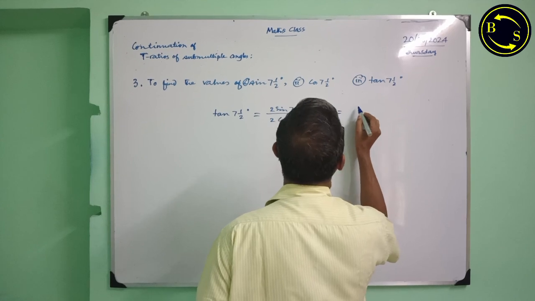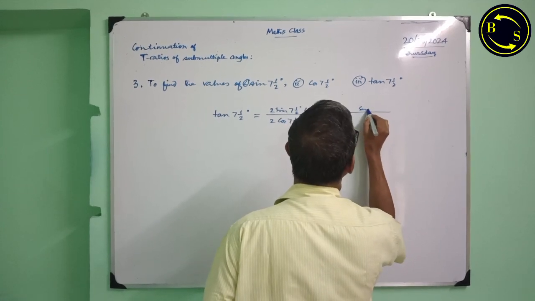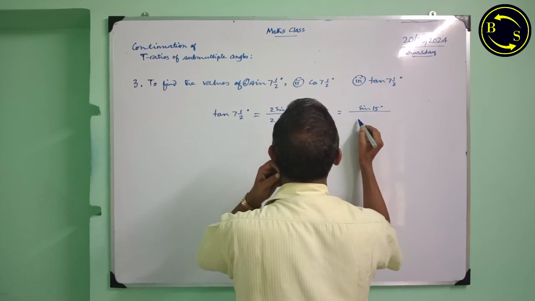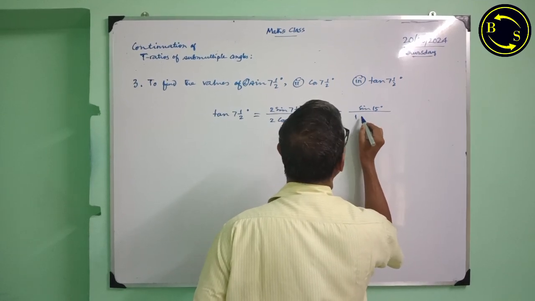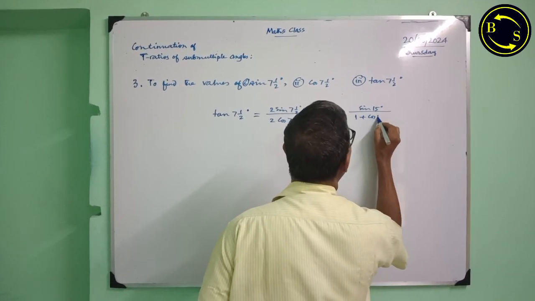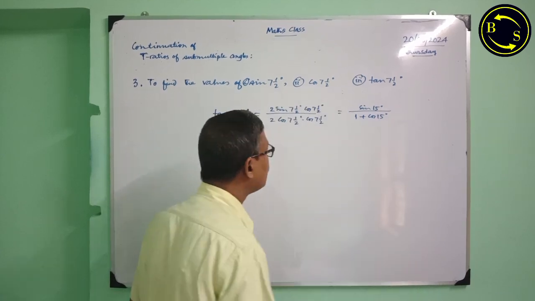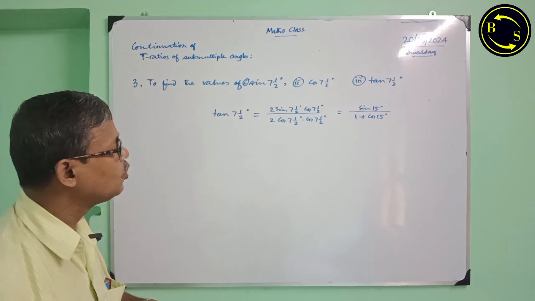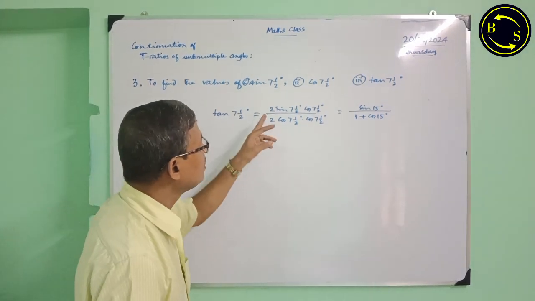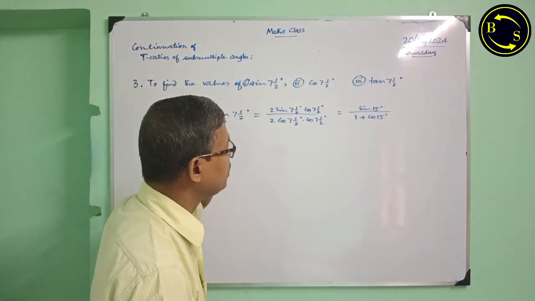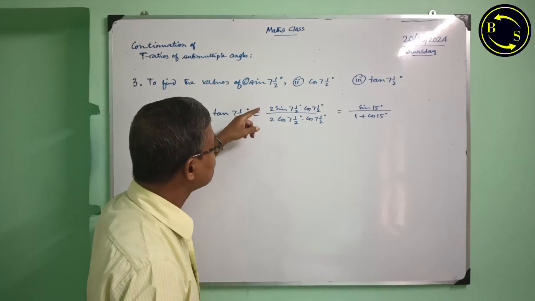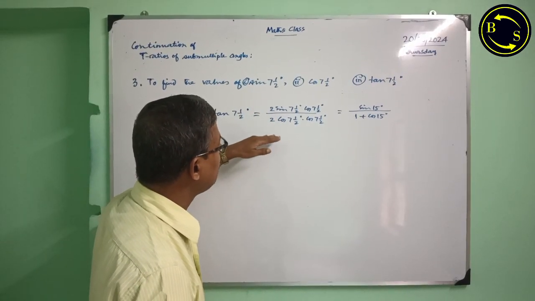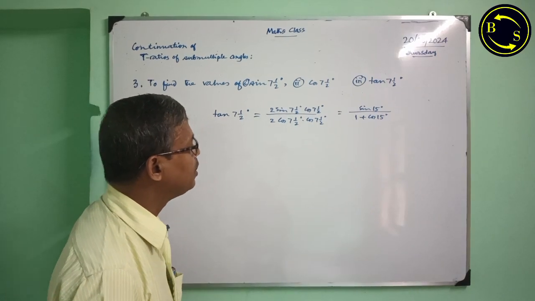That means sin 15 degree by 1 plus cos 15 degree. Also we can use another technique by multiplying the numerator and denominator by sin 7.5 degree. In that case, numerator will be 1 minus cos 15 degree, denominator will be sin 15 degree.